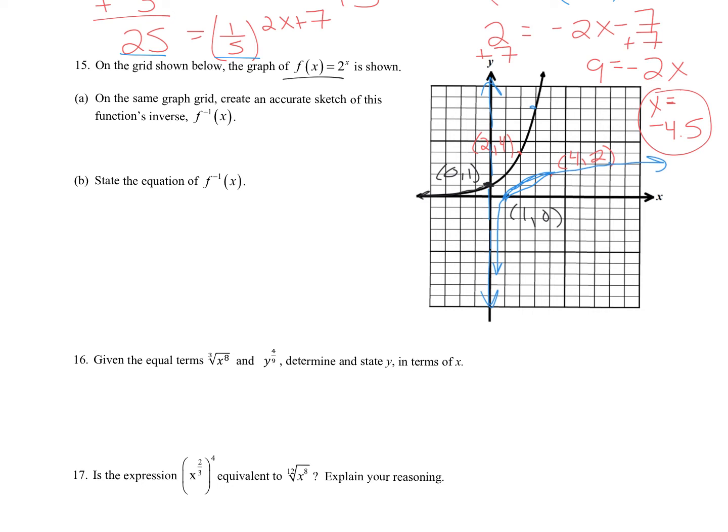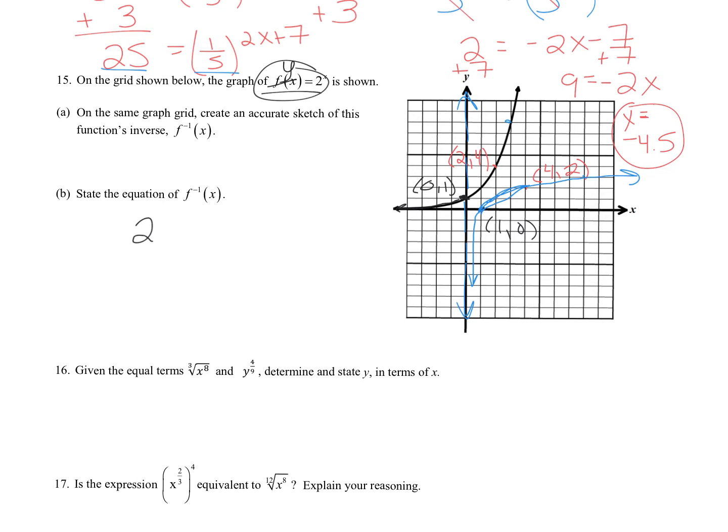Now to find the equation of the inverse, I'm going to take the original function and switch x and y. So I get 2, actually we'll cross this out and make it a y first. So I get x equals 2 to the y. Now this is that equation where we could try a bunch of things to solve it, like trying to get rid of the y, but ultimately the best thing to do is to put it into log form and really the only option.